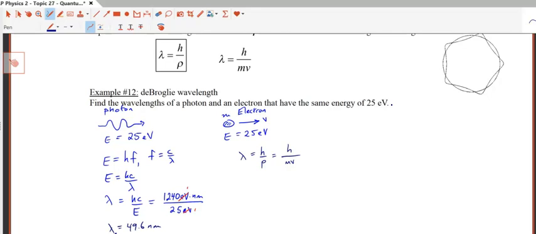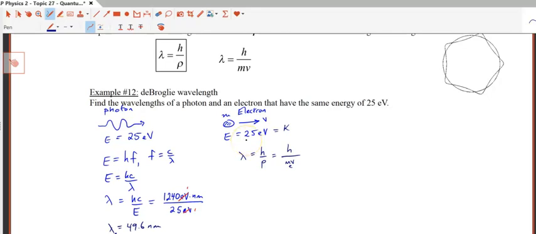So in order to calculate the wavelength, we know what the mass of an electron is, yes, but we don't know the speed of the electron. I kind of give you a hint here. That 25 electron volts represents kinetic energy. So can we calculate how fast this electron is going if we know how much kinetic energy it has?